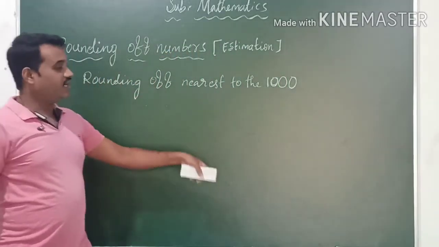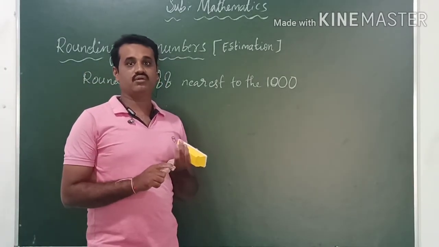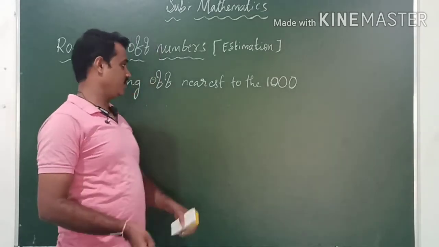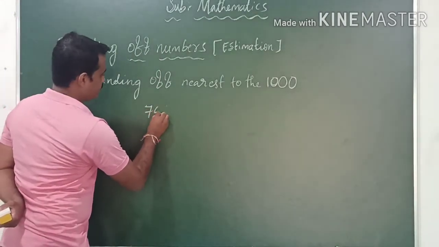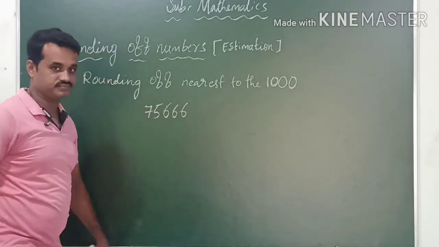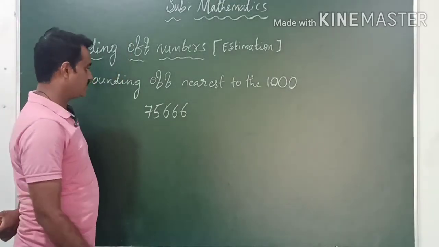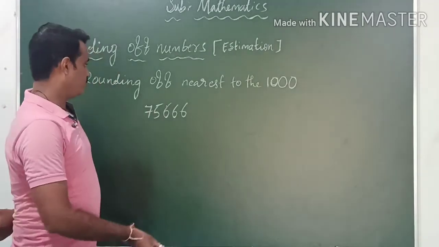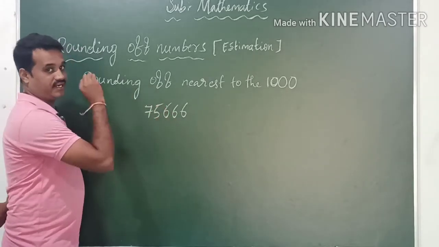When you round off the numbers to the nearest 1000, you have to concentrate on only the ones, tens and hundreds. 75,666. When you round off to the nearest 1000, you have to concentrate on the ones, tens, hundreds.